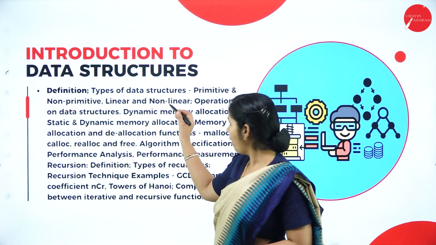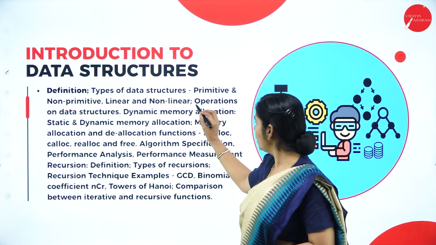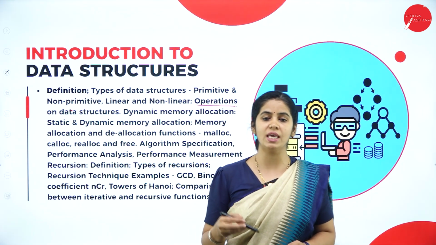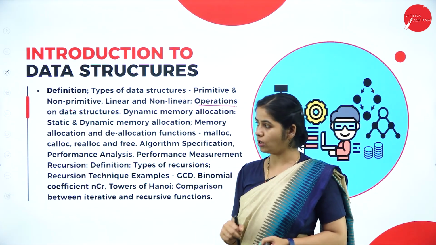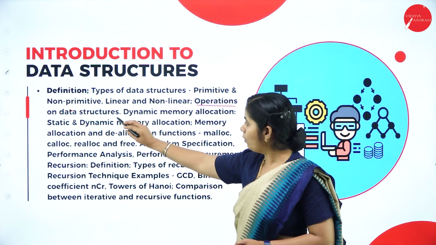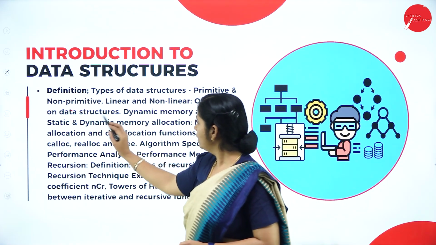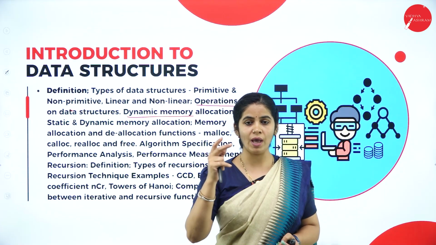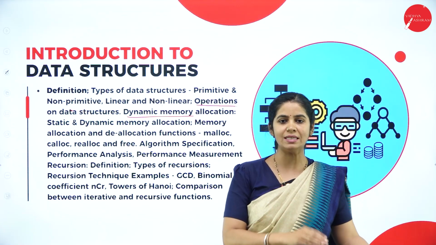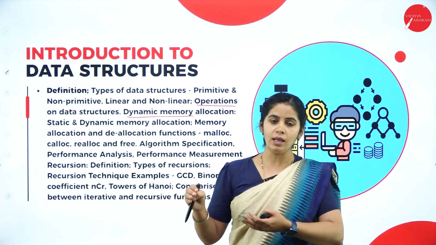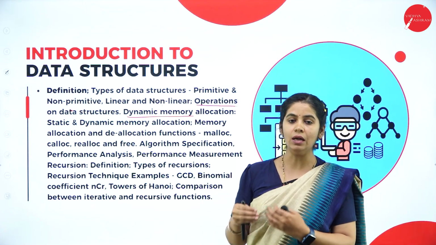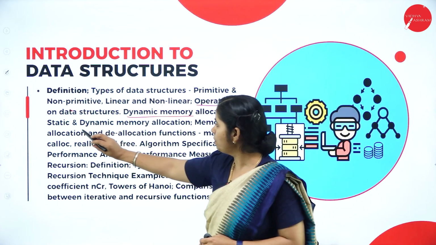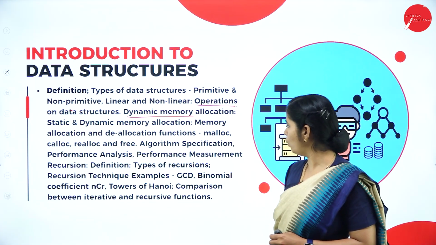Then apart from the types of data structures, we can check the operations: what all operations we can do on the data structures. Once we have done with the operations, then memory allocation, dynamic memory allocation. We have two types of memory allocation, static and dynamic. Here in this topic, we mainly concentrate on dynamic memory allocation and the difference between static and dynamic memory allocation.